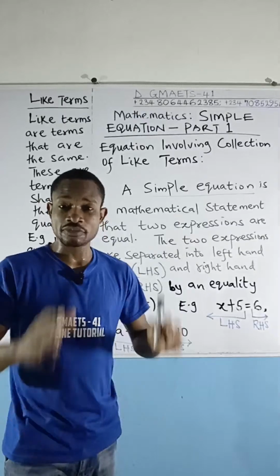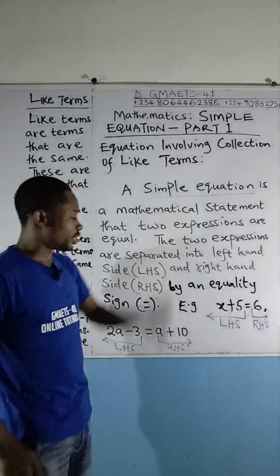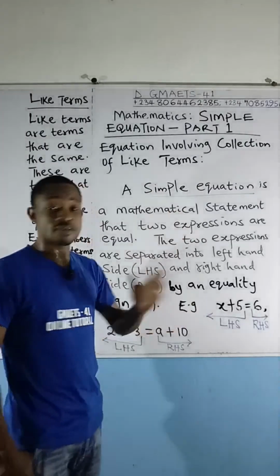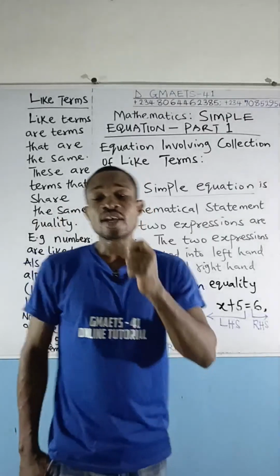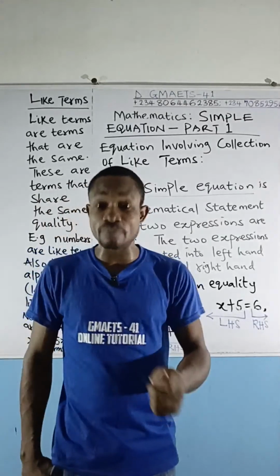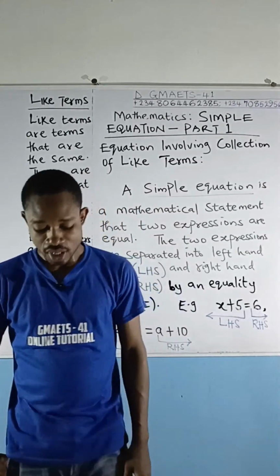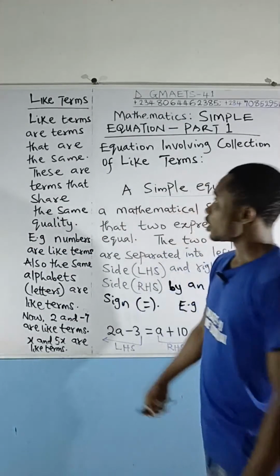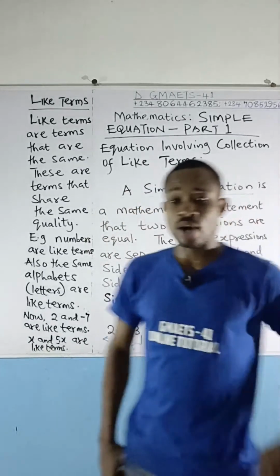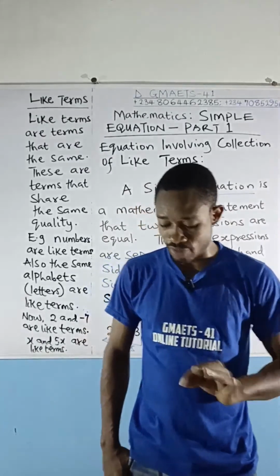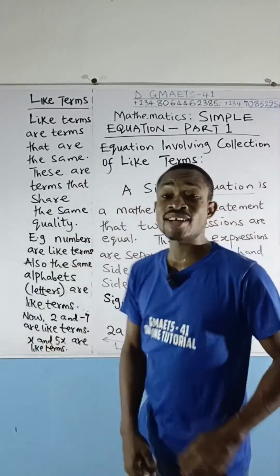Okay, now you have known what a simple equation is. You have known the left-hand side and the right-hand side of a simple equation. You have also learned that an equation is identified by equal to. At this point, I want us to talk about like terms. Very important. It is after we learn about like terms that we can now solve questions.